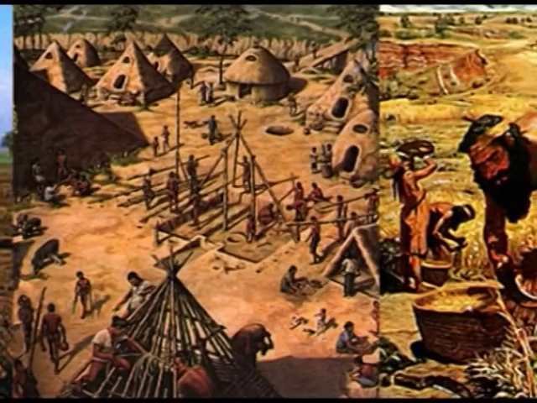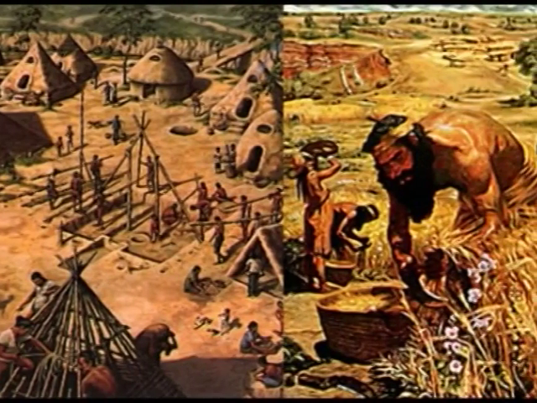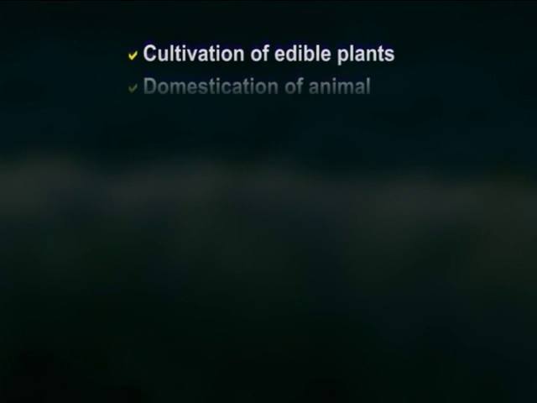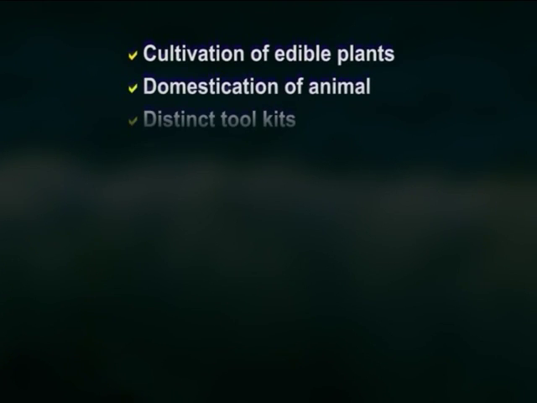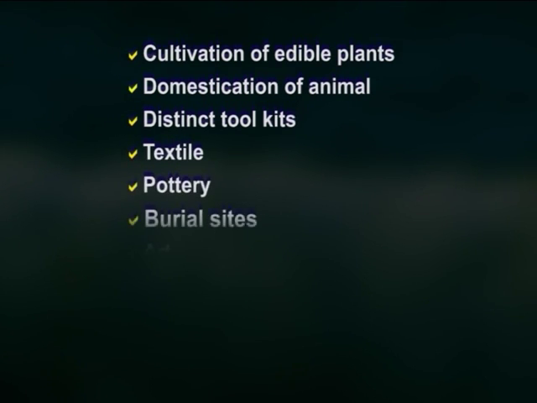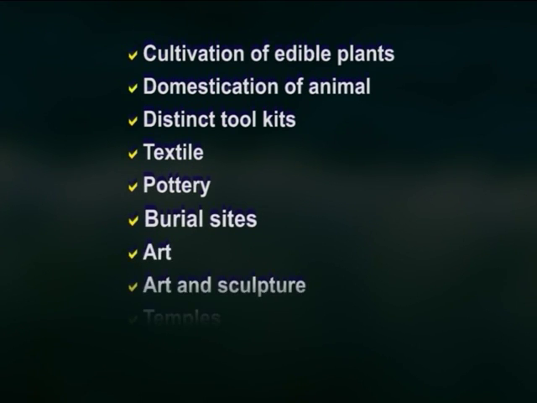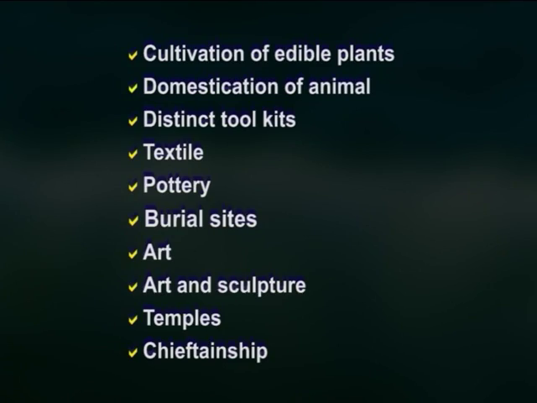V. Gordon Childe in 2004 summarized different characteristics of the Neolithic Revolution, like cultivation of edible plants, domestication of animals, distinct tool kits, textiles, pottery, burial rites, art and sculpture, temples, chieftainship.